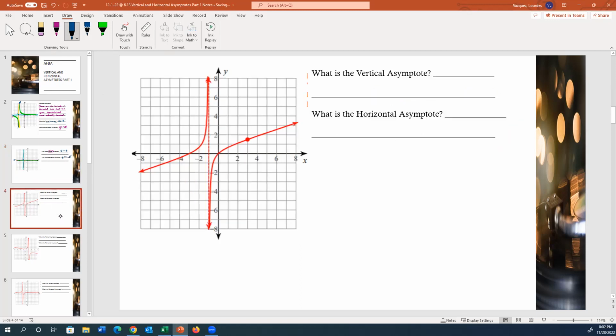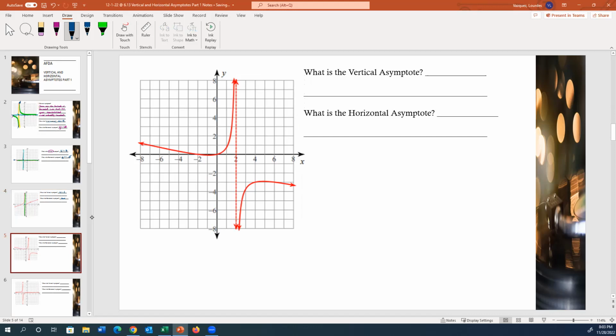Now we have this graph. This graph only has a vertical asymptote. See, it runs up and down. And it crosses the x-axis right here, which is at -1. So we have x is equal to -1. But there is no horizontal asymptote, so we're going to say none.